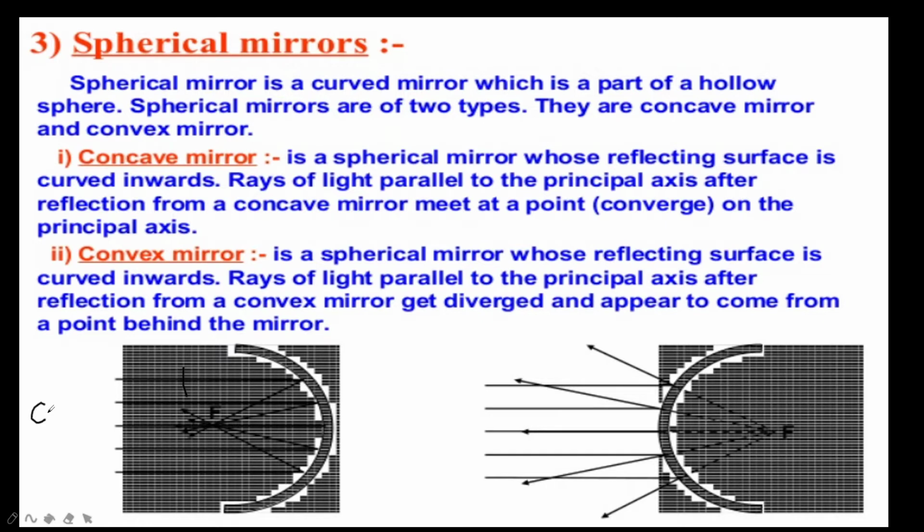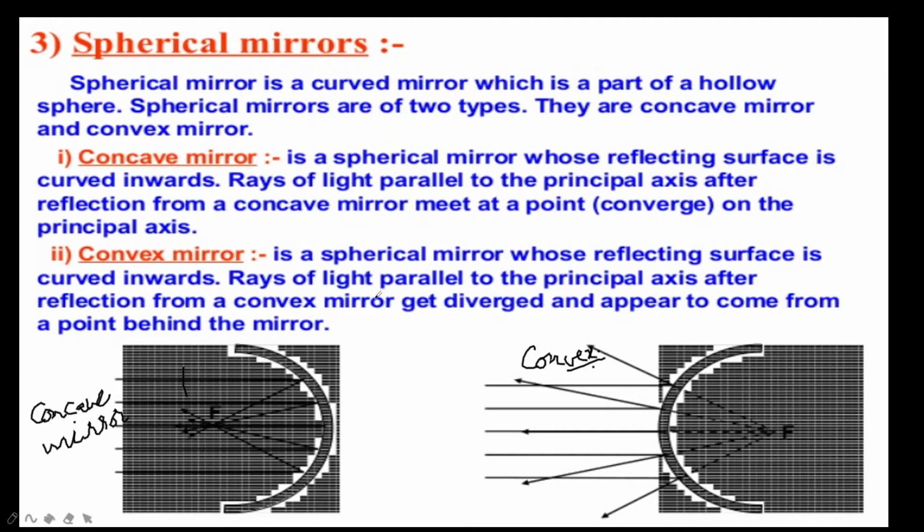This is your concave mirror and this is convex. Okay, so what is a concave mirror? A concave mirror is a spherical mirror whose reflecting surface is curved inward.